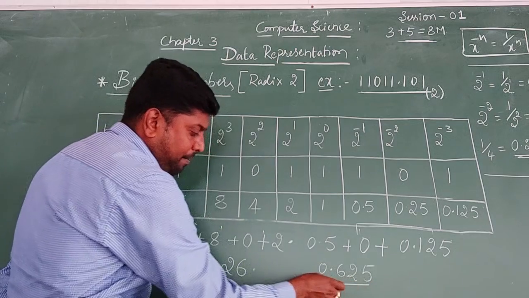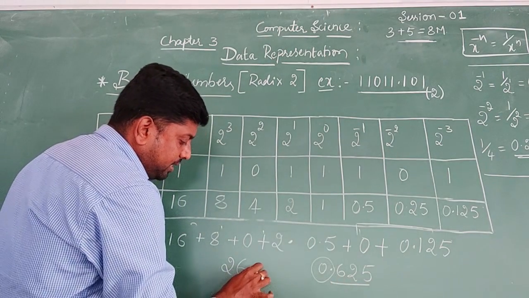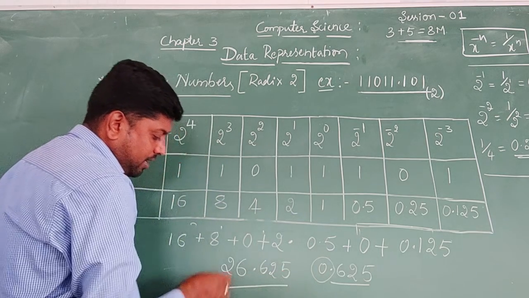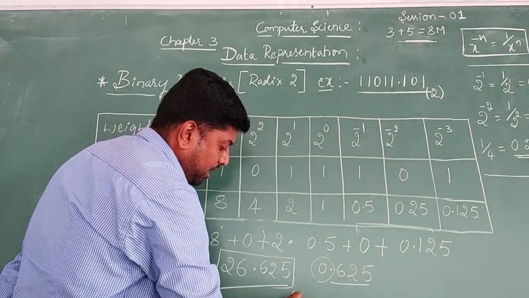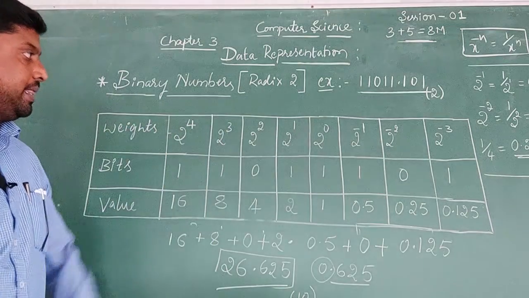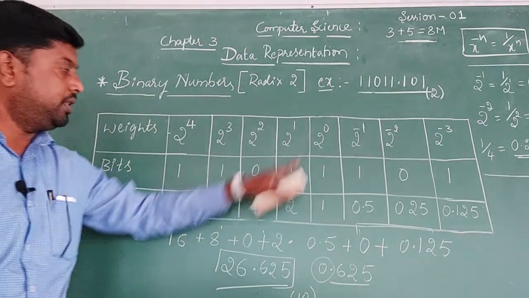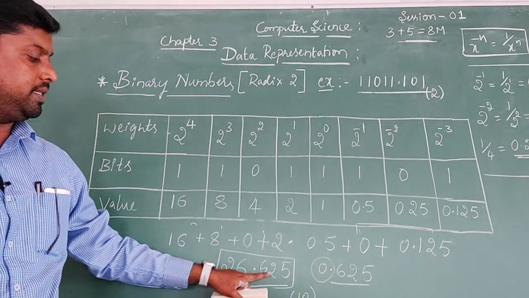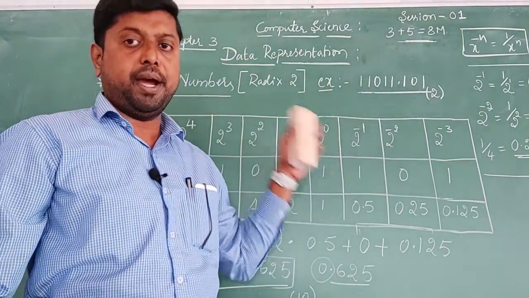Now we are combining these two values, that is 26.625. This is the final decimal value of that binary number. So 26.625 is the value for that particular binary number.